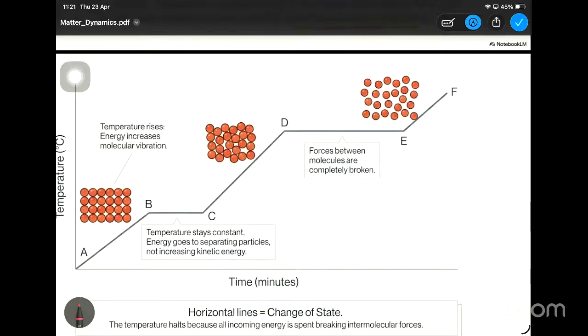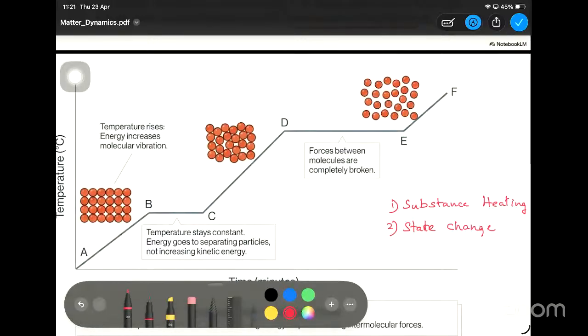One is the substance being heated, and the second is the change of state.